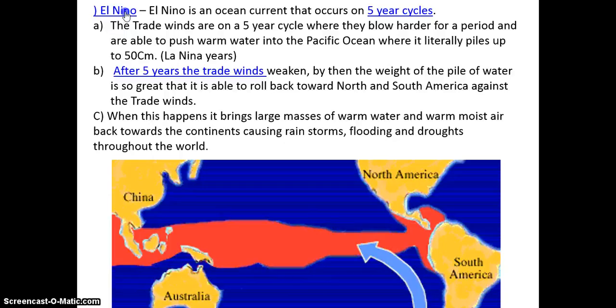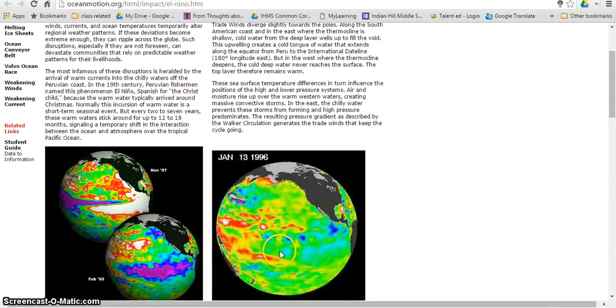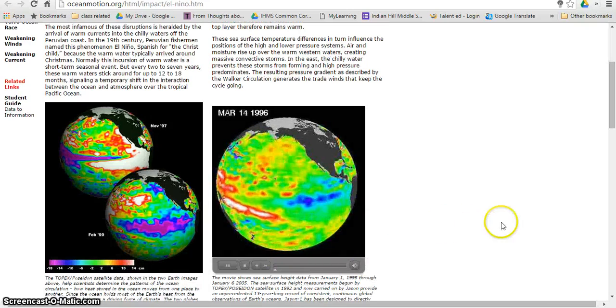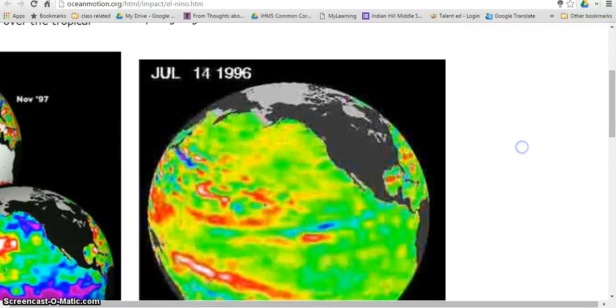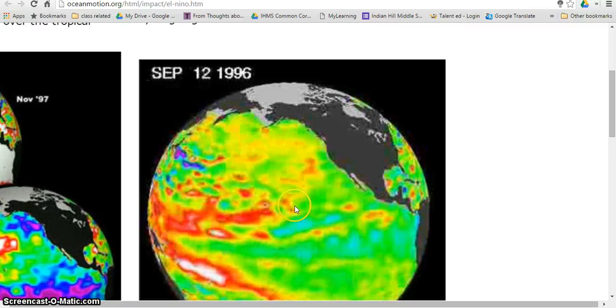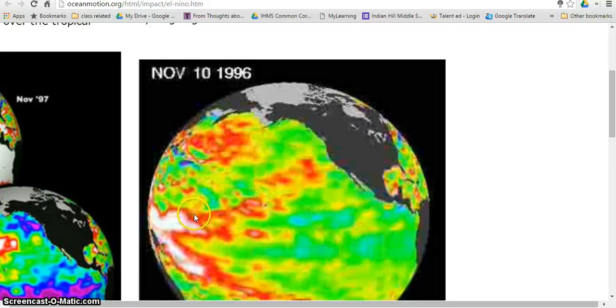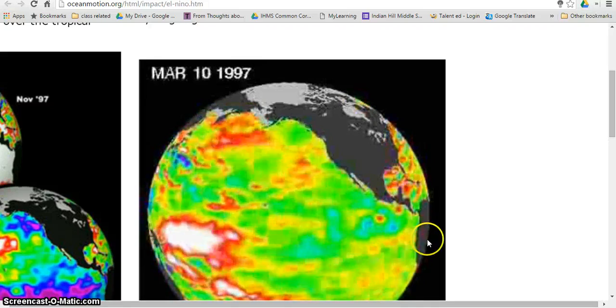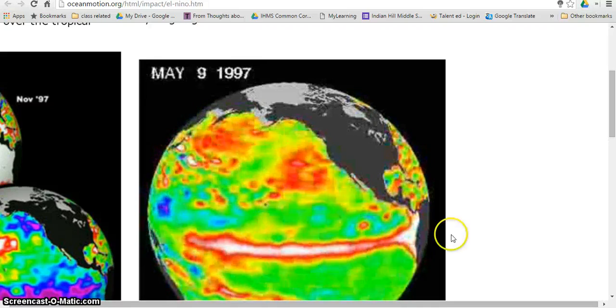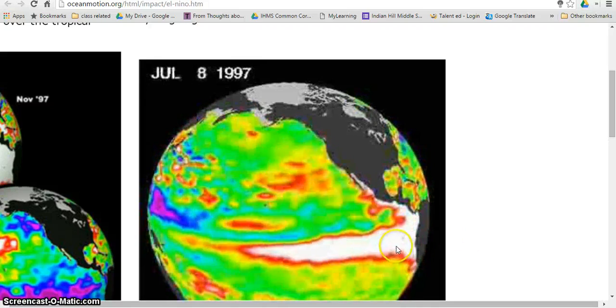So if we go here, we can actually view El Nino right here. If you look right here, the wind's blowing back the warm water this way. Then all of a sudden, it'll shoot back towards South America. There it is. That's El Nino.